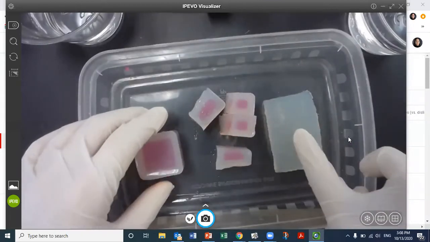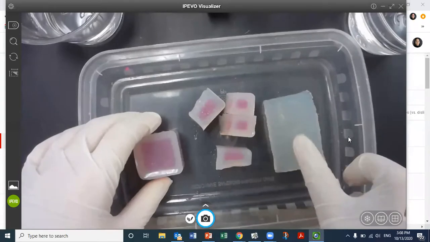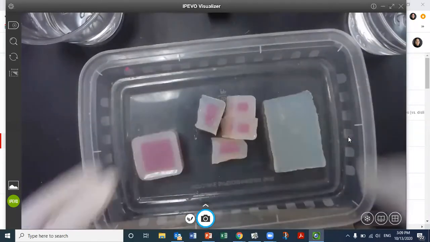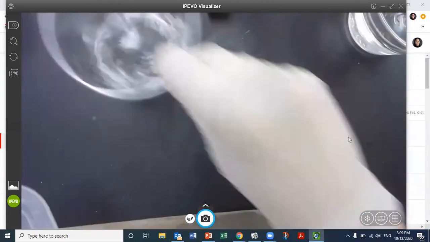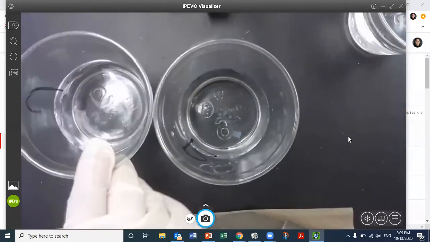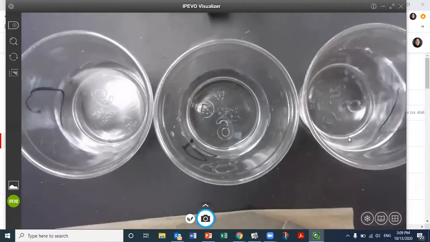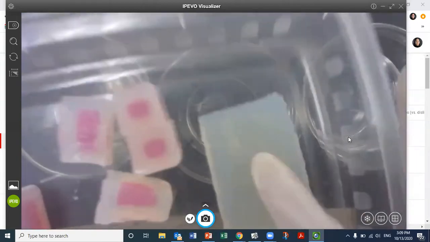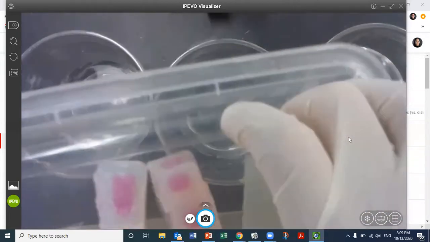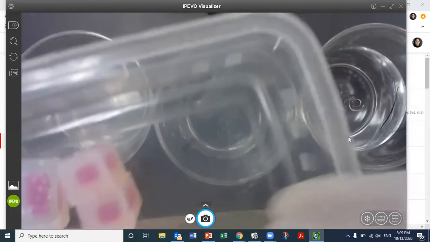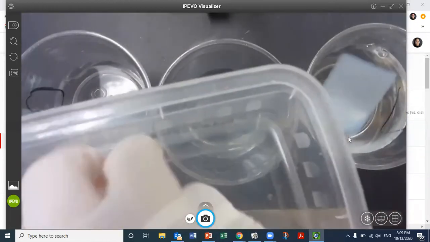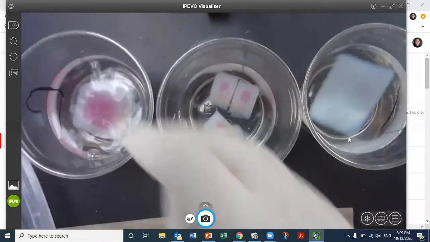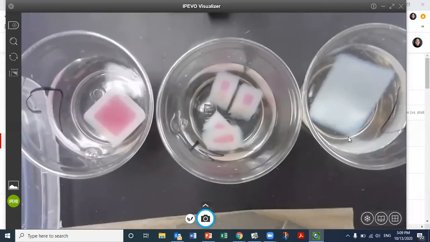So while we know this one is done, and we'll do calculations for all three of them, we're going to put all three back, but you understand that the one that was the flat or different shape is already completely finished diffusing. Okay, so back in they go. And we're going to see in another 10 minutes how much further the diffusion has progressed.